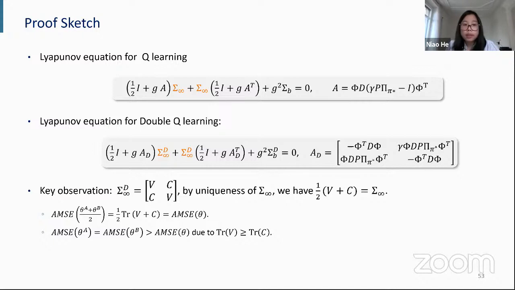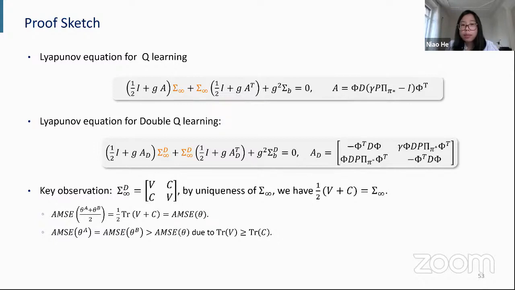Right, and if you look at the relationship between these two Lyapunov equations, if you take the sum of the rows of this matrix A, you see this recovers the A matrix in Q-learning. And since, as we mentioned before, the asymptotic covariance matrix is the unique solution to this Lyapunov equation, using this you can easily construct a solution that satisfies this other Lyapunov equation as well.